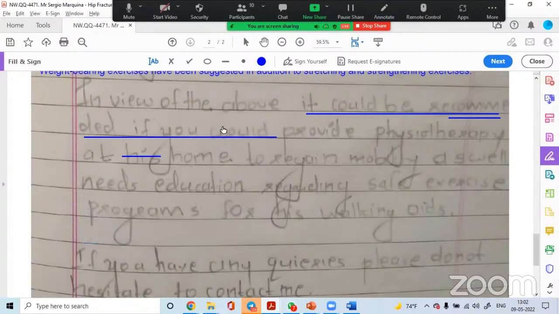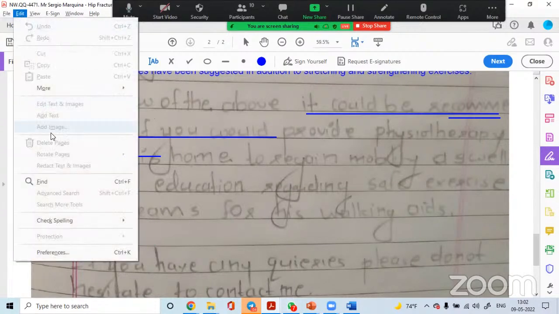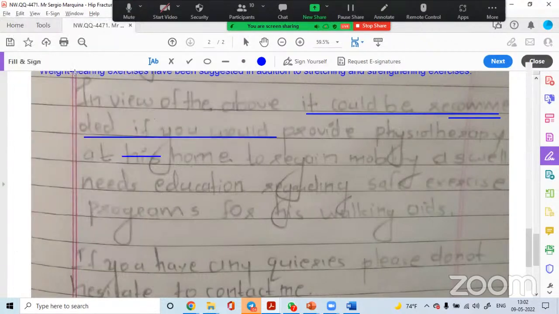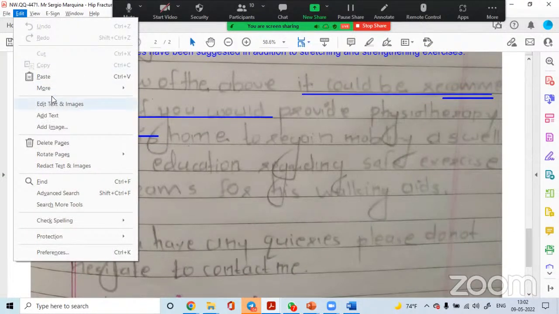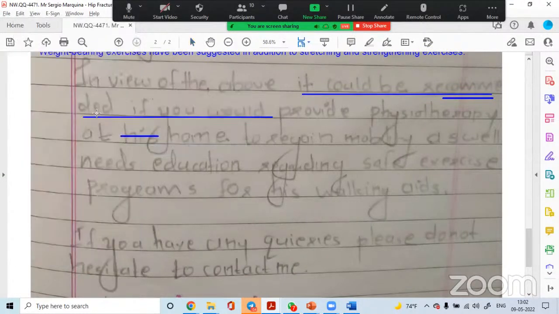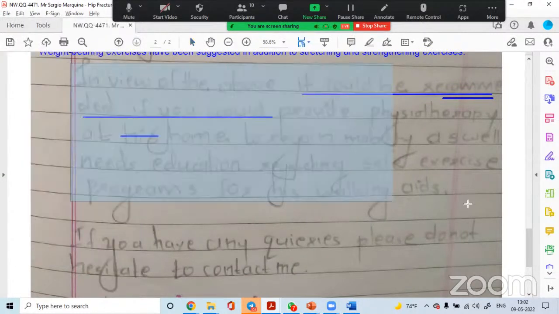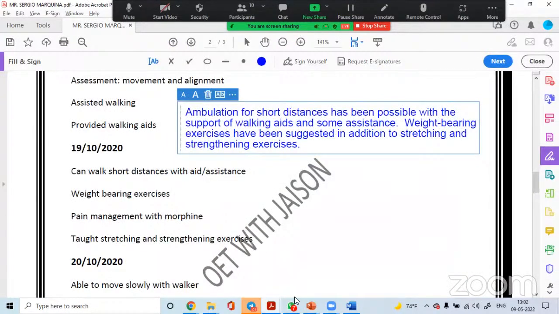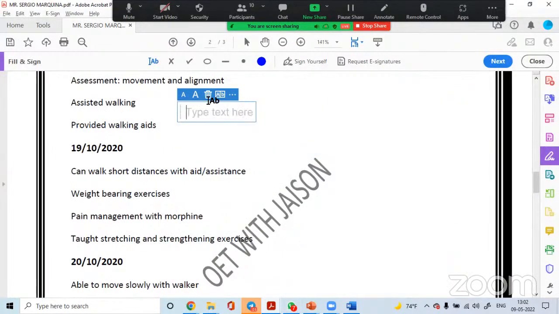So let us take this one. Edit. More. Take a snapshot. I don't know why people write like this. You have to change the style.